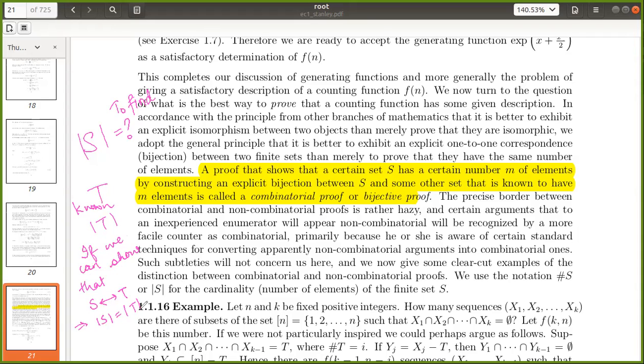And since mod T, the cardinality of T, we already know, we would know the cardinality of S. So such a technique of proving the cardinality of a set is called a combinatorial proof or a bijective proof. So this is what is being highlighted.